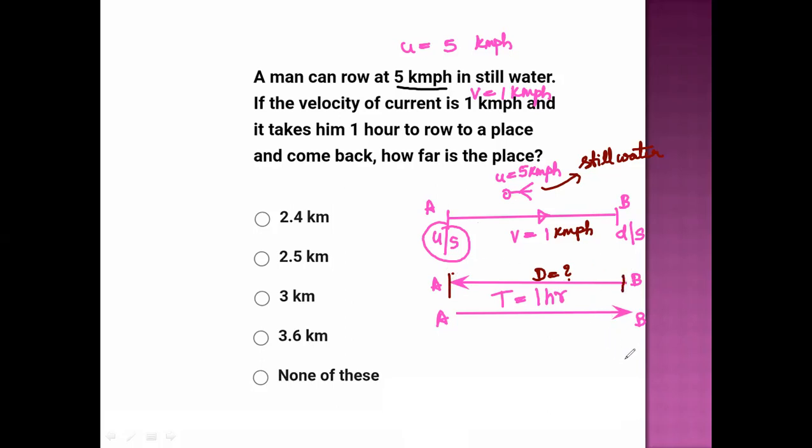Now we are tabling the values which are given here, and we are simplifying the solution. See here. Now I'm opening a new page.